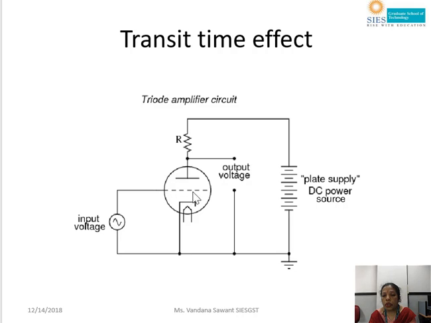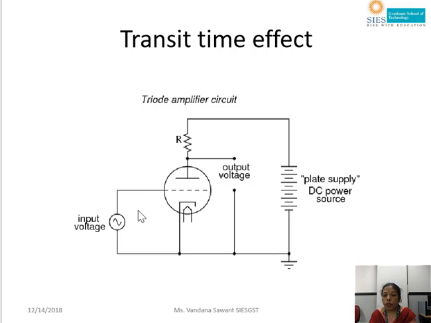At a lower frequency this positive voltage remains for a longer time, because the time period is more. So the electrons get time to travel from the cathode to the grid, and get accelerated from the grid towards the plate.